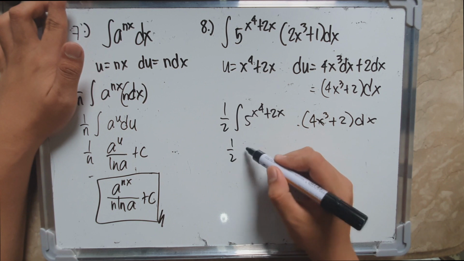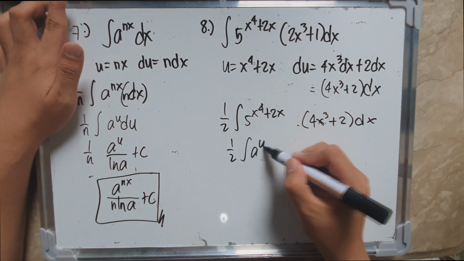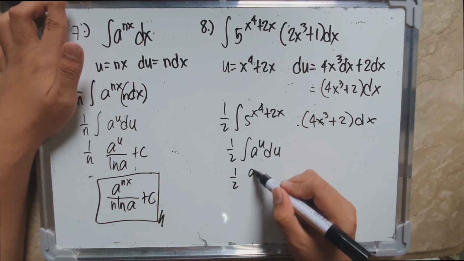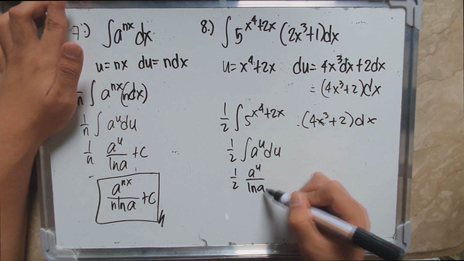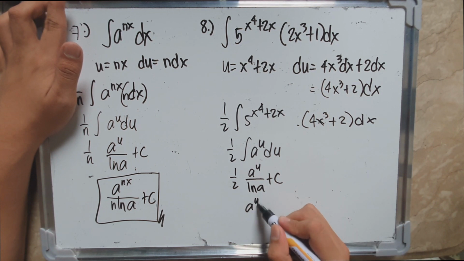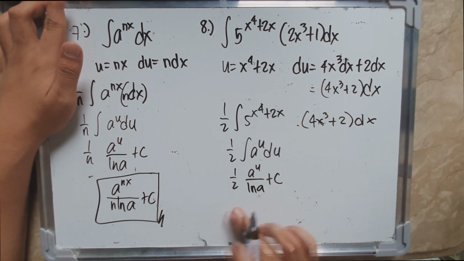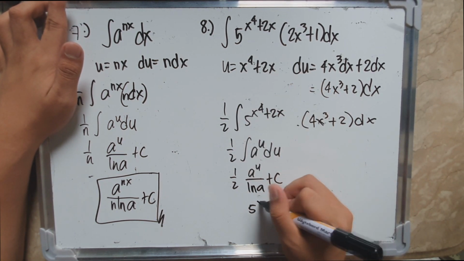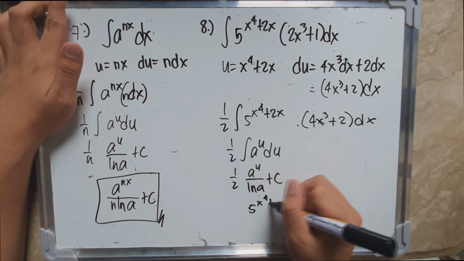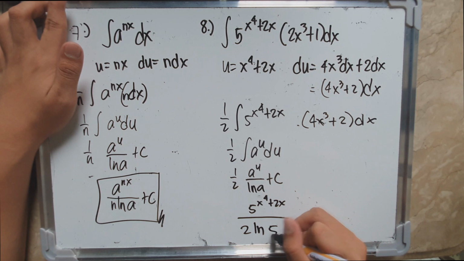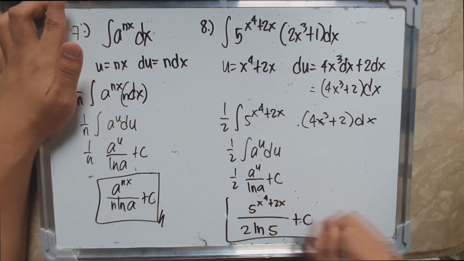This is now the form of a to the u, and this is the whole du. So you now have 1/2 a to the u over ln of a plus c. Or we have a to the u. What is our a? 5. The u is x to the power of 4 plus 2x whole over 2 ln of 5 plus c. This will be our final answer.